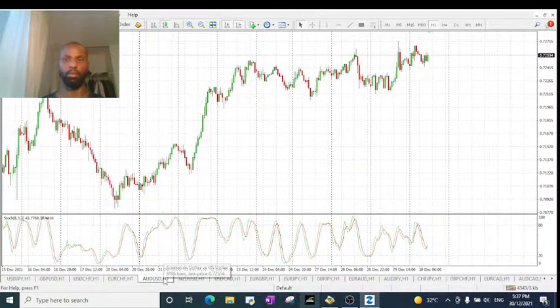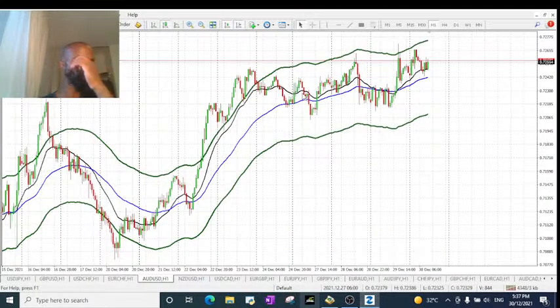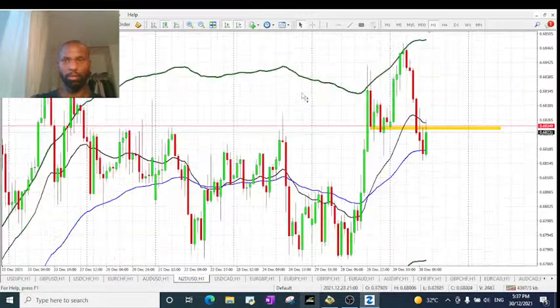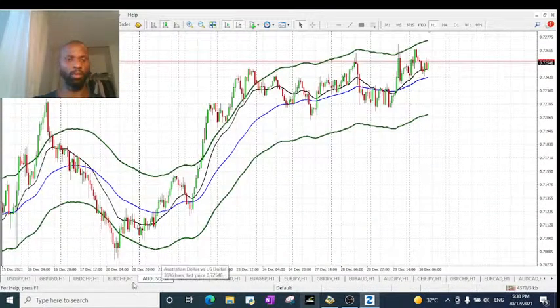So we'll keep moving. Let's keep moving. New Zealand dollar.